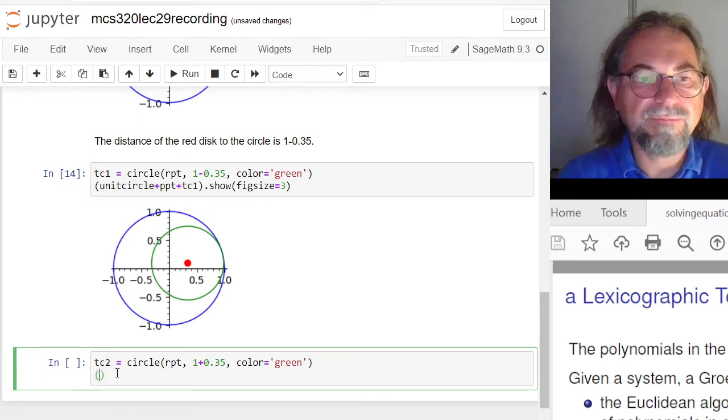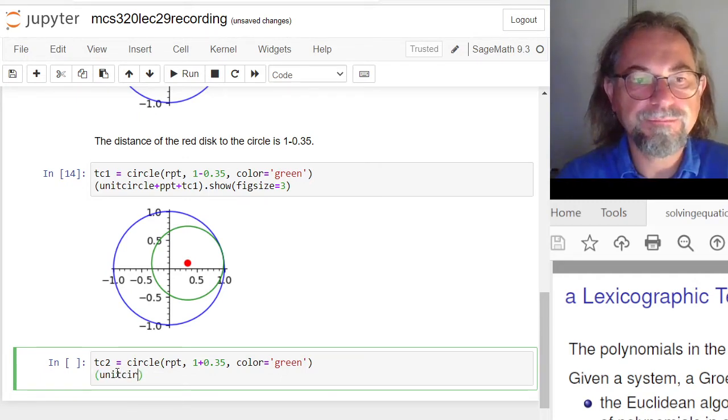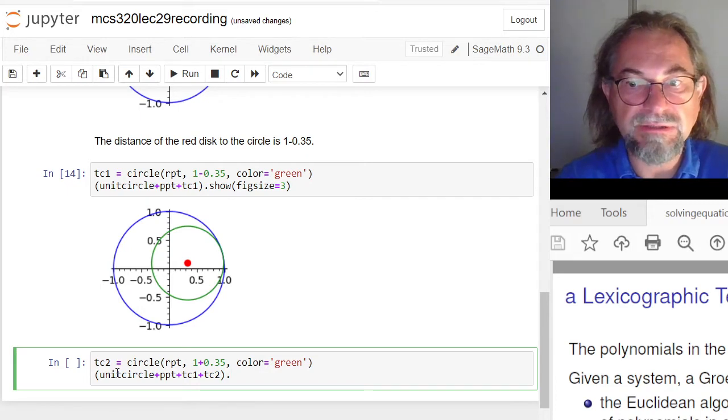So now I have the plot of the given circle, the center, the red disk, and then the two touching circles.